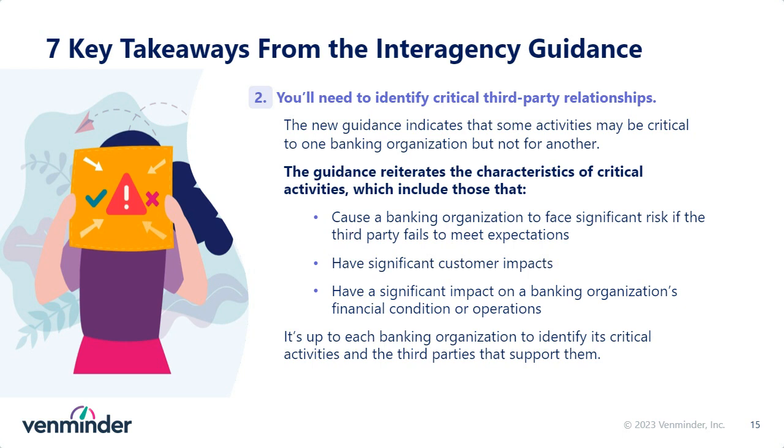They can impact your customers or have a significant impact on the banking organization's financial condition or operation. It's up to each banking organization to identify its critical activities and the third parties that support them. But not, again, just for banks. This is a best practice no matter what industry you're in.